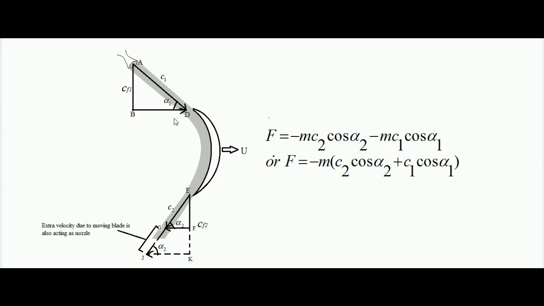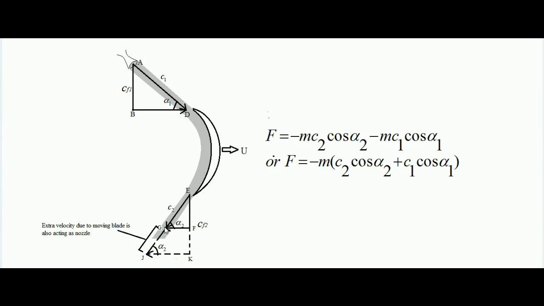Now in case we talk about the velocity triangles, suppose steam is coming out from this nozzle with velocity c1, gliding through the blade and coming out with velocity c2 from this blade. Now in case it would have been an impulse turbine blade, then velocity would have been only eg.